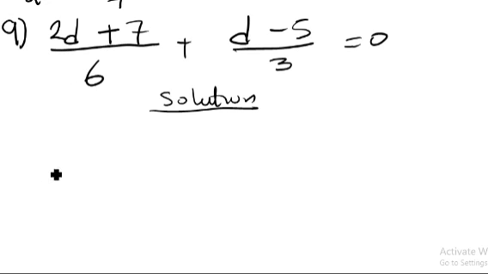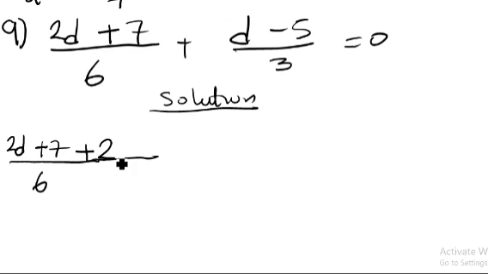LCM of 6 and 3 is 6. 6 divided by 6 is 1. 1 multiplying this gives you 2d plus 7. 6 divided by 3 is 2, plus 2 multiplying (d minus 5). 2 will multiply everything here, and the right hand side is 0.